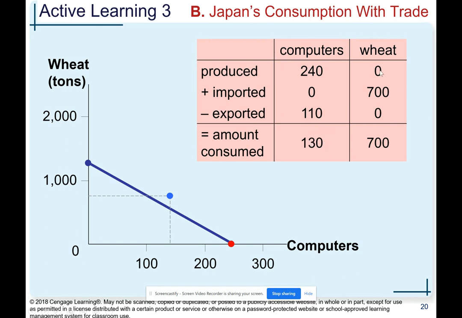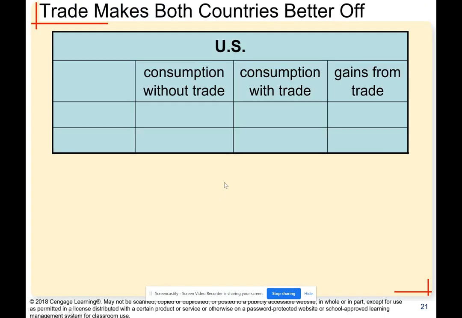Zero produced tons of wheat plus 700 imported from the United States leaves Japan consuming 700 tons of wheat. When we plot that information on this graph, again, that combination of 130 computers and 700 tons of wheat is outside Japan's production possibilities frontier. Outside its production possibilities frontier was not attainable last chapter. Something has to be good about this thing called trade.